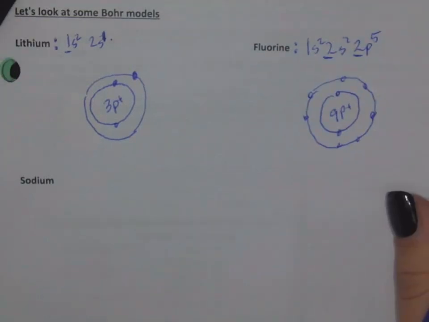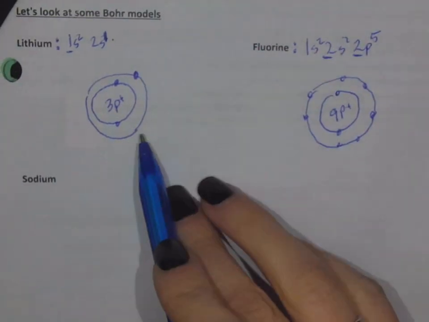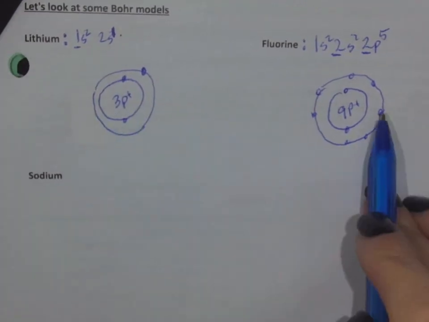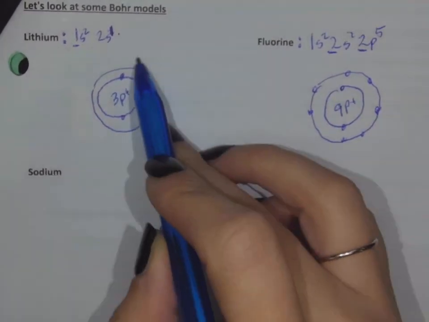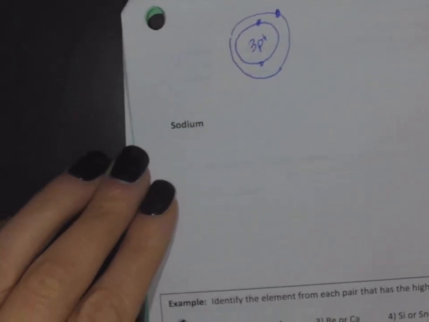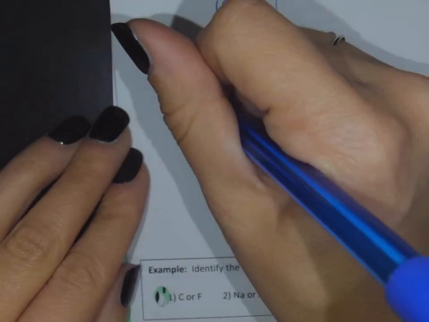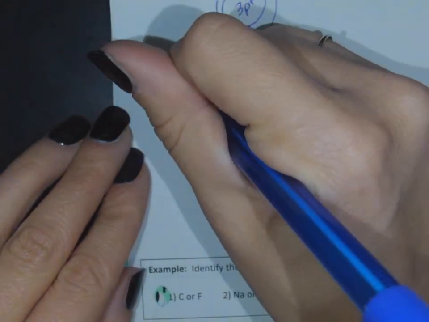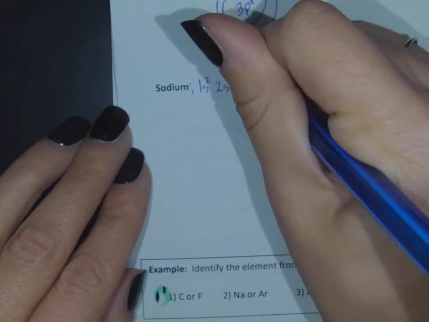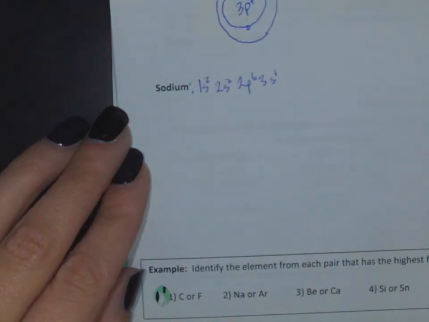Okay. And really, I didn't draw these great because we know that as we go across the period, the atomic radius decreases. And so this one should have been maybe drawn a little bit bigger. Sodium, that electron configuration is 1s2, 2s2, 2p6, 3s1.